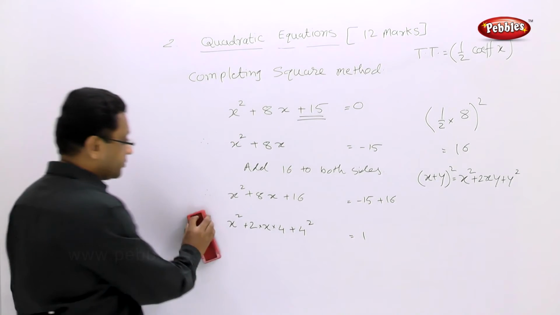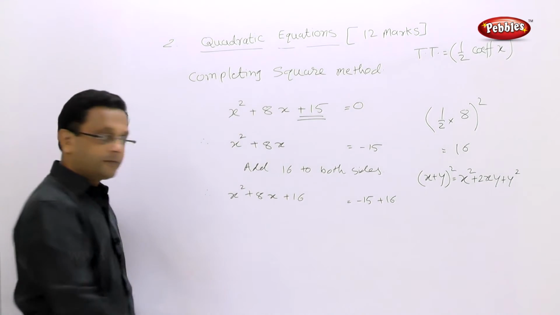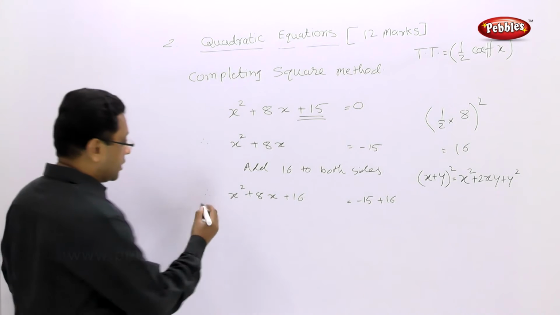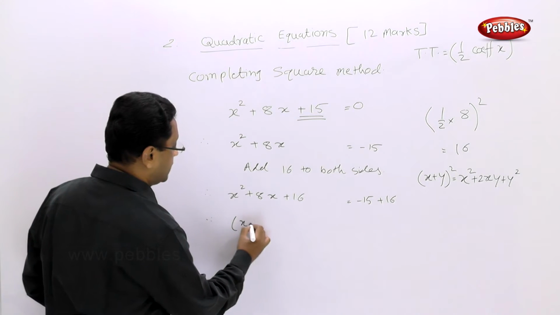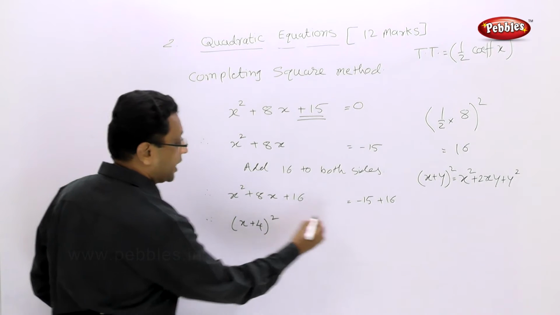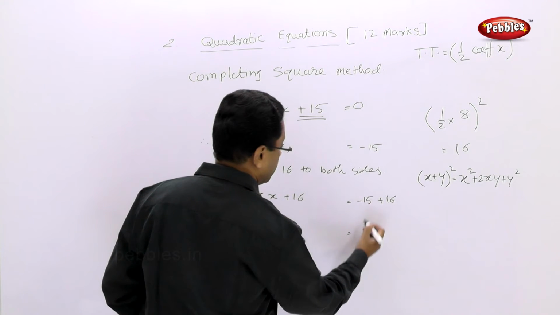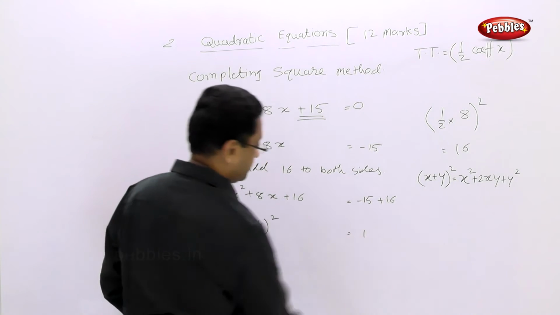So here also I am rubbing this. So now this is a perfect square of (x plus 4) whole square, and here I will get 1.